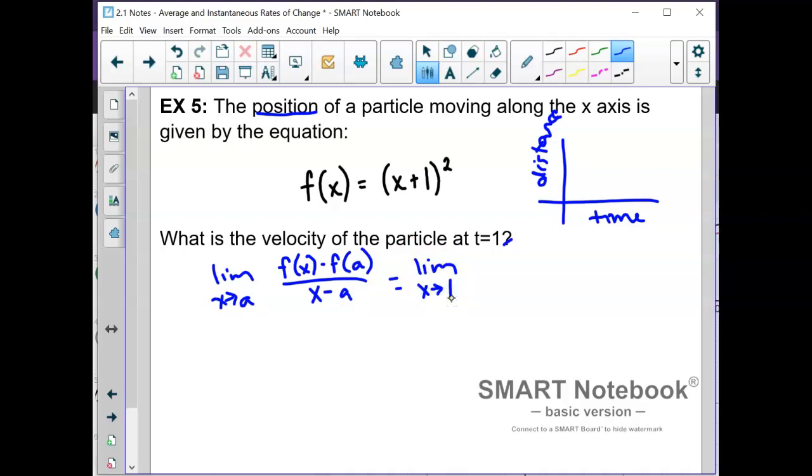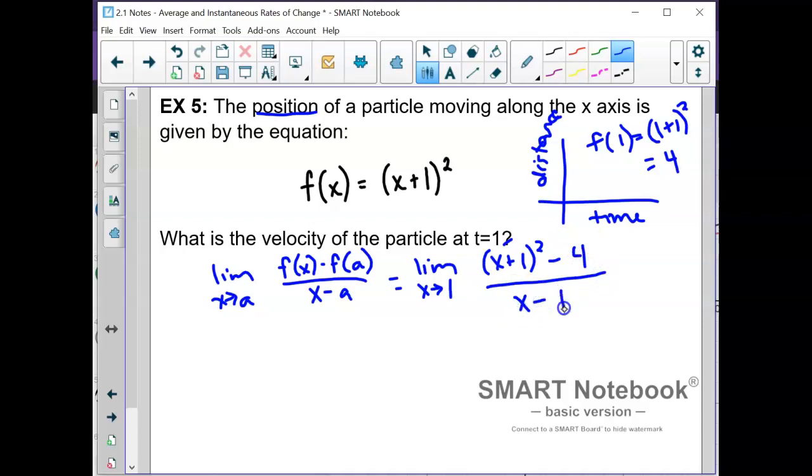For f of x, I'm going to use x plus 1 squared. And f of a, let's just go ahead and find f of 1 up here. It would be 1 plus 1 squared, which is 2 squared, which of course is 4. So I'm going to put minus 4 over x minus 1, because 1 is my a value.